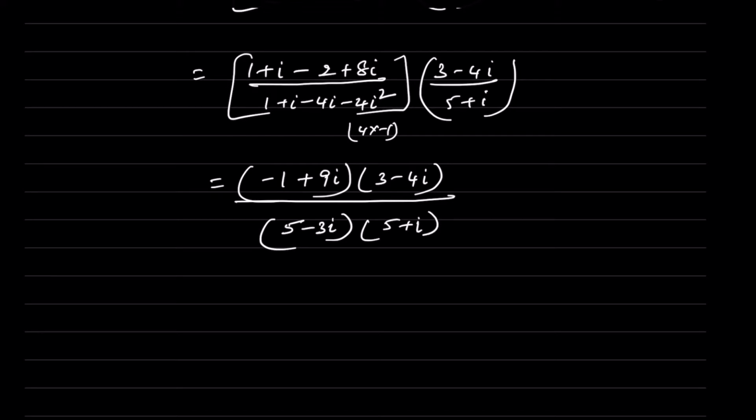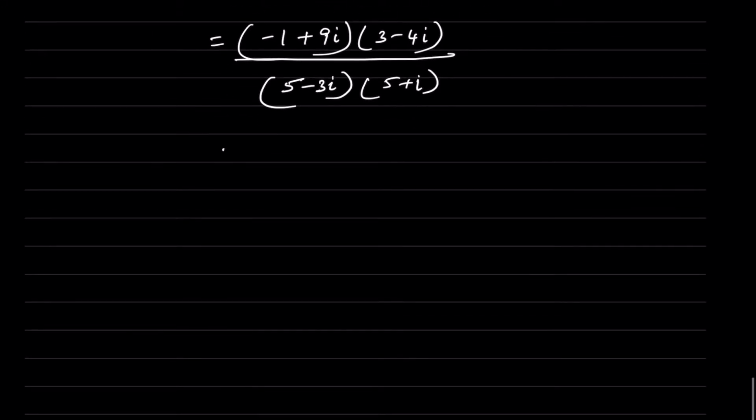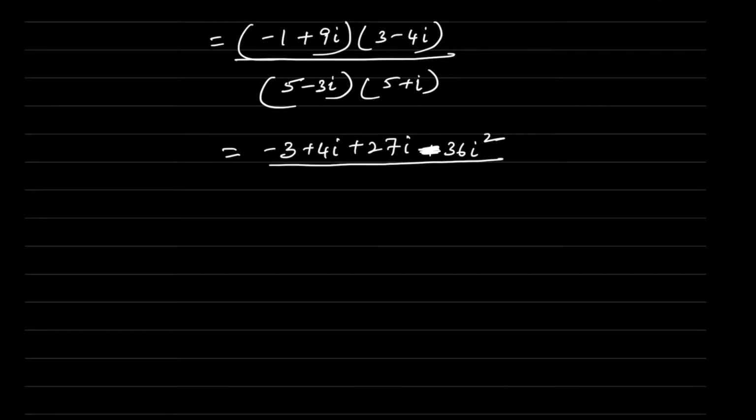So now when we multiply again, we get minus 3 plus 4i plus 27i plus 36i square, it is minus here. So minus 36i square, divided by 5 fives are 25 plus 5i minus 15i minus 3i square. Now i square is equal to minus 1.